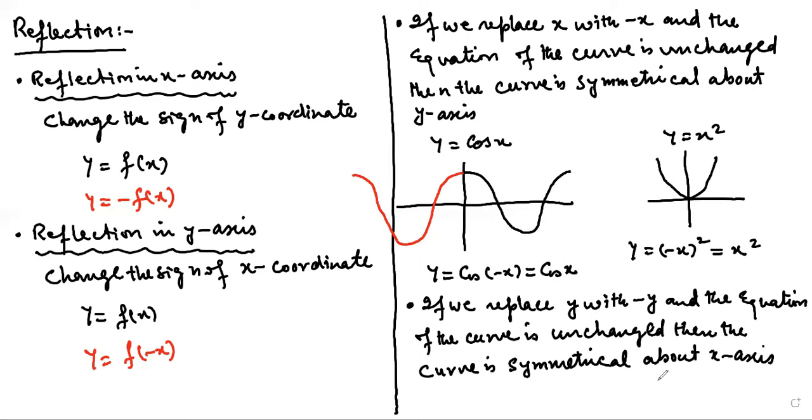These important rules will help you in sketching any curve. If you see that by putting x is equal to minus x, there is no change in the curve, you will draw the portion on the right side of y-axis and you will make a mirror image of that one on the left side of y-axis.